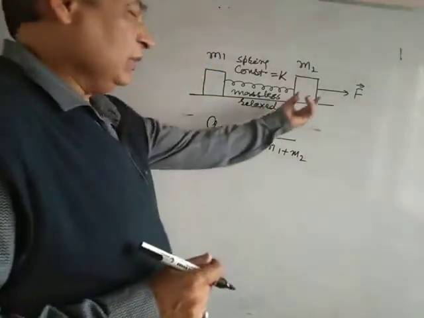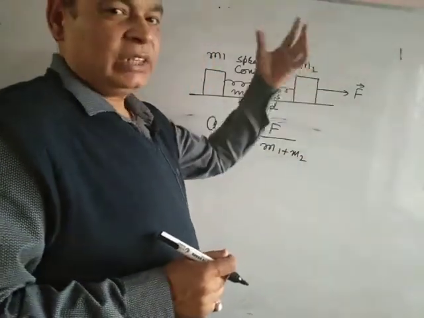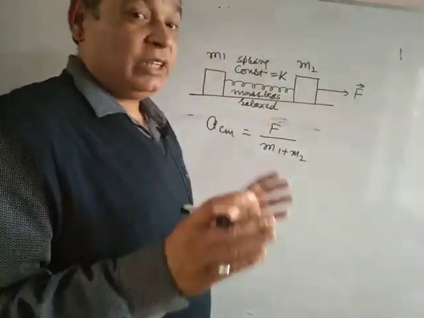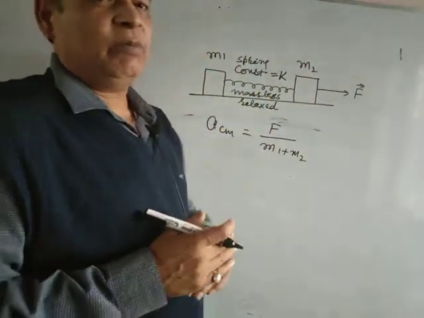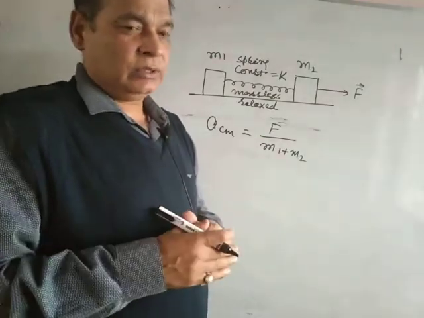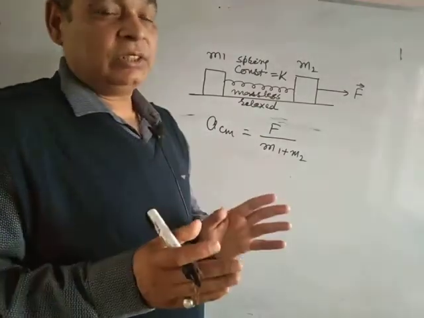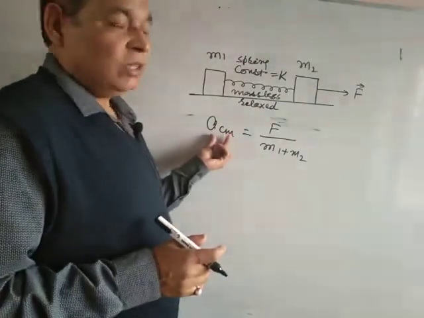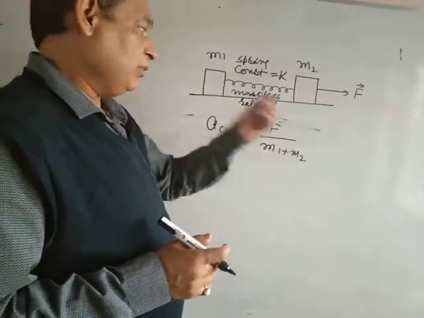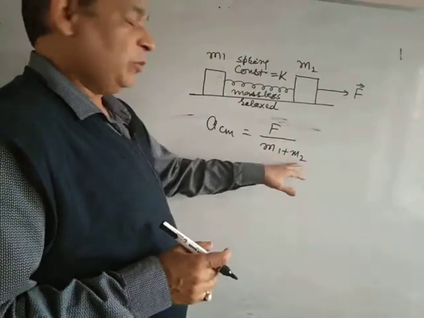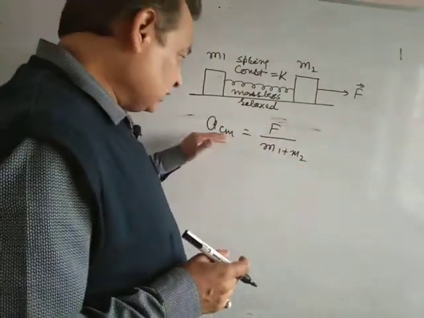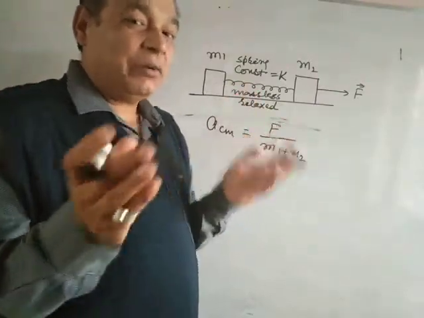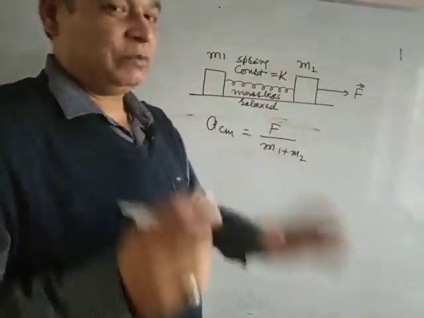The sum of internal forces on M1 and M2 due to the spring is 0. Always the sum of internal forces for a particular system is 0. So for acceleration of center of mass we take only the external force F, and that equals F upon m1 plus m2. Know one thing: this is the acceleration of center of mass with respect to ground.